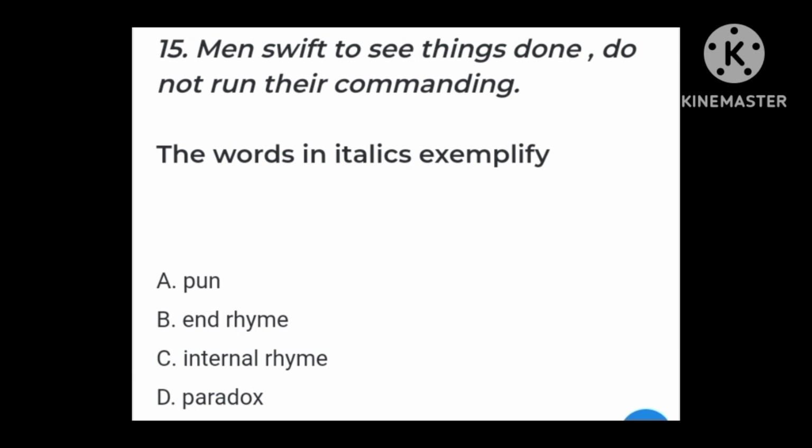When you look at this statement, you'll be thinking that it's not true. But when you go closer to it, you'll find out that it's true. The boy is the father of the child. Another wonderful example of paradox. Any statement or comment that looks contradictory at the surface level is paradox. The right answer in question number 15 is internal rhyme.